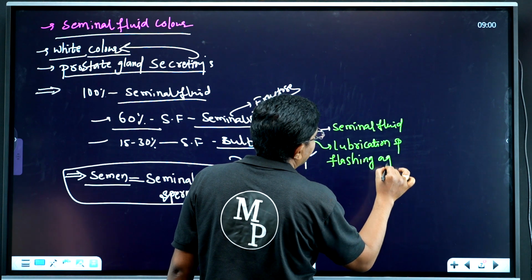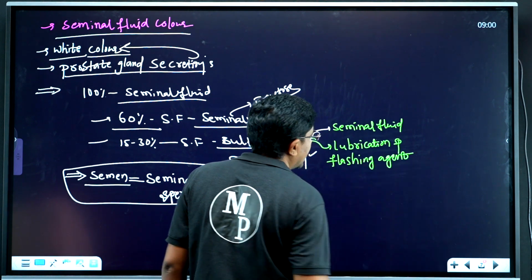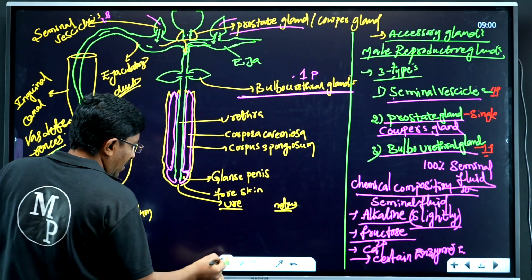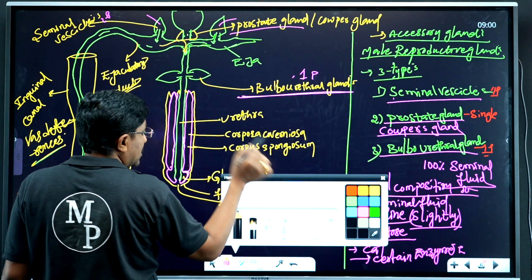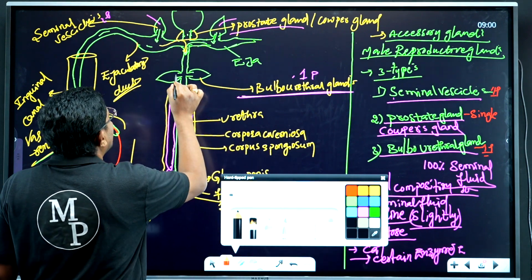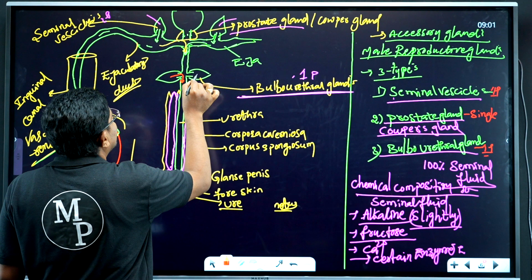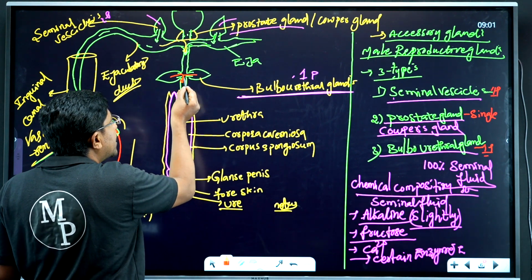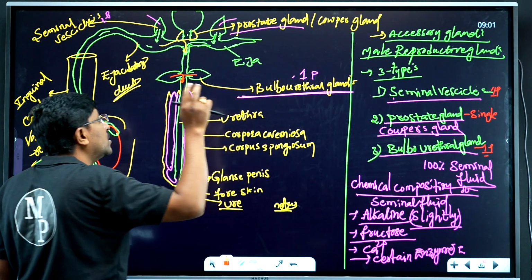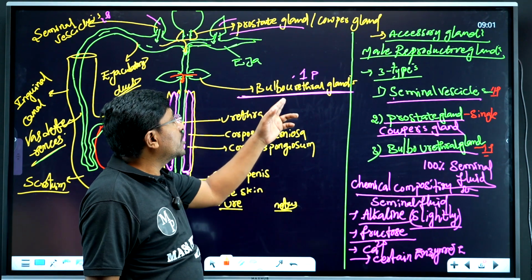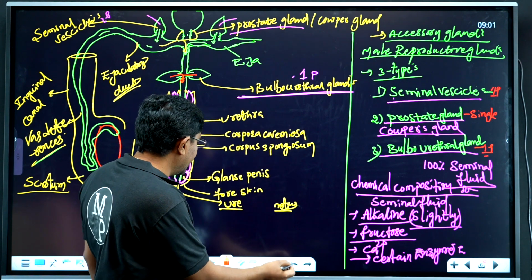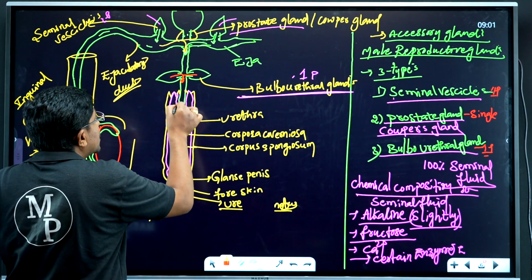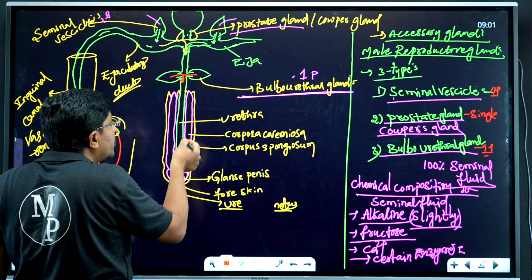The bulbourethral gland has two contributions: one for seminal fluid formation, second for lubrication and flushing of the urethra.